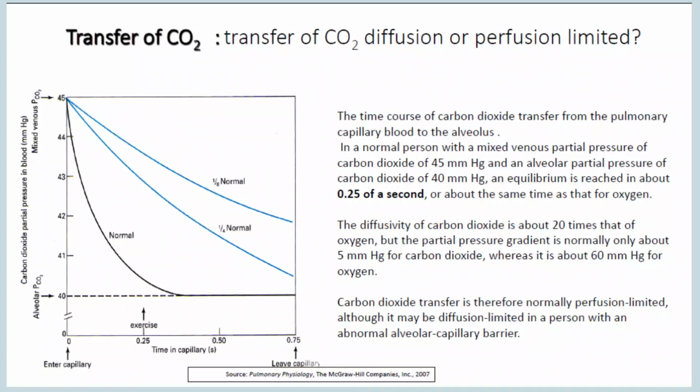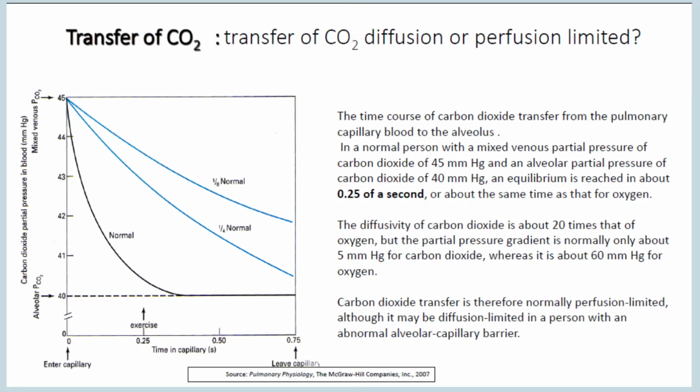Now, transfer of carbon dioxide: the time course of carbon dioxide transfer from the pulmonary capillary blood to the alveolus. In a normal person, the mixed venous partial pressure of carbon dioxide is 45 millimeters of mercury, the alveolar partial pressure of carbon dioxide is 40 millimeters of mercury, and equilibrium is reached at 0.25 of a second, about the same time as for oxygen.